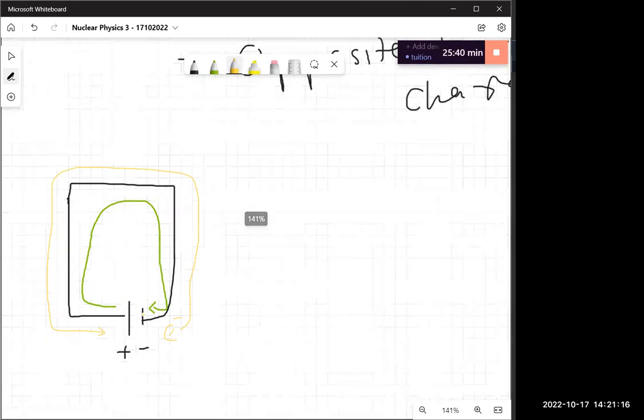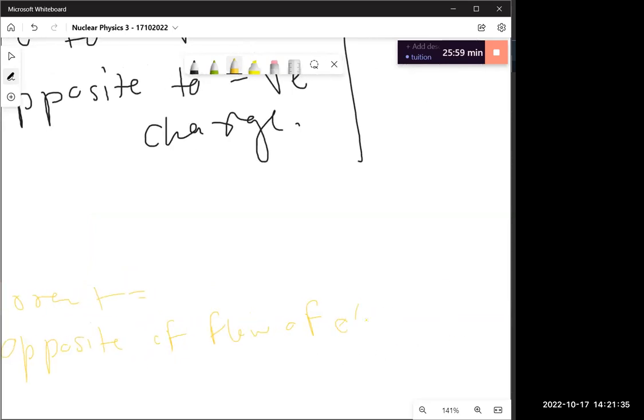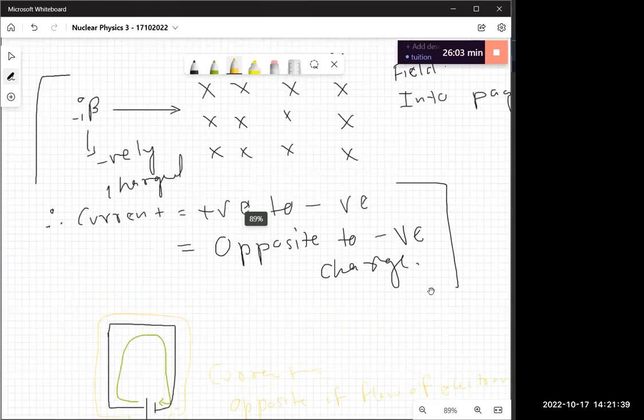Electrons go from negative to positive, but current is positive to negative, so it's opposite to the flow of electrons. And that's what's happening.